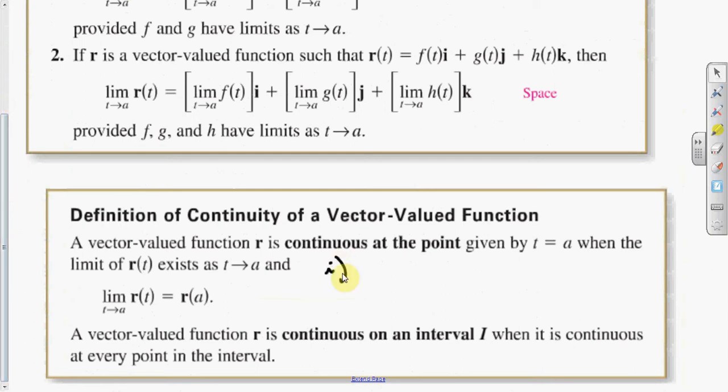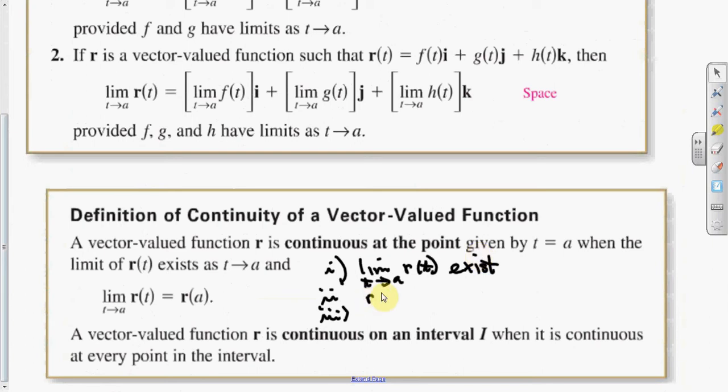So we used to talk about this definition of continuity in three ways. We said first that the limit as t goes to a of r(t) is said to exist. What is it? I don't know.